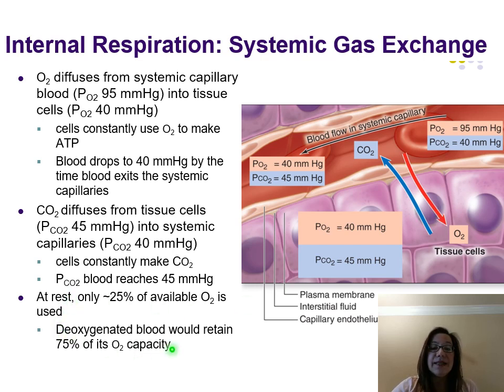Now, that being said, we always say that blood is now deoxygenated, which is true. But keep in mind, though it is deoxygenated, hemoglobin is still carrying 3 of those 4 molecules of oxygen. So it still has 75% of its oxygen capacity. And we'll come back to that point in another slide.